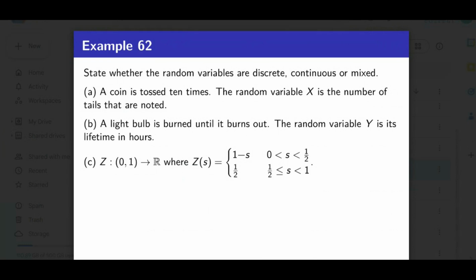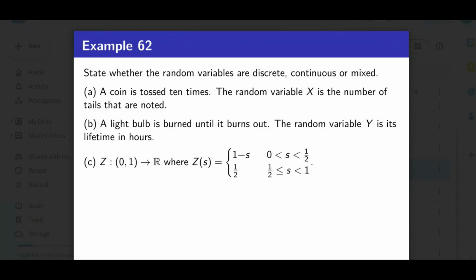First of all, what's my sample space? My sample space is any number from the interval 0 to 1. And I assign the value 1 minus s if the value that I picked was between 0 and a half, and then it's half if the value that I picked was half to 1.